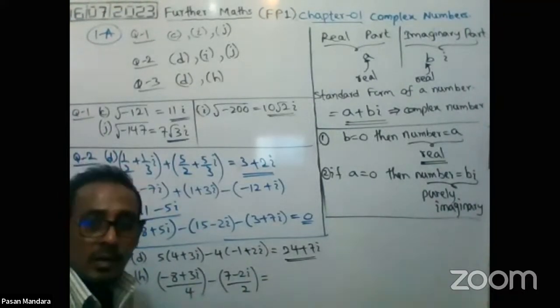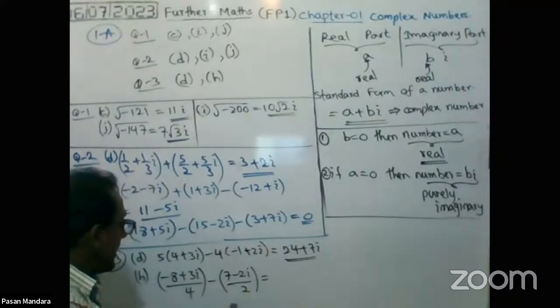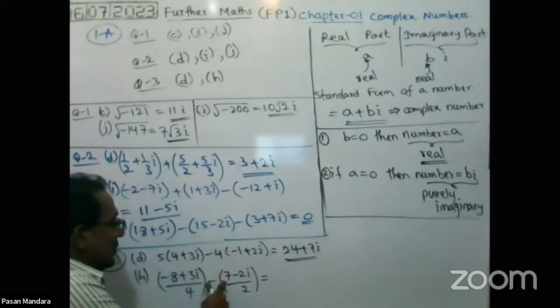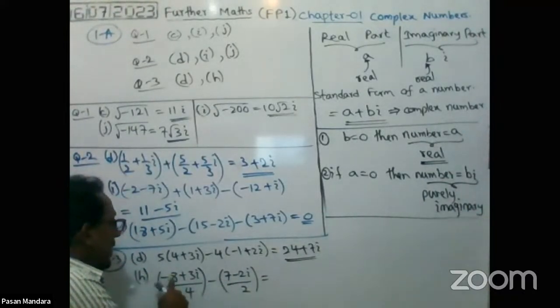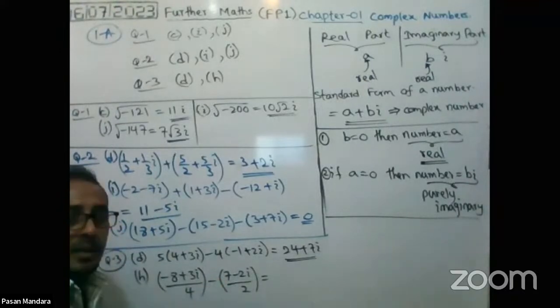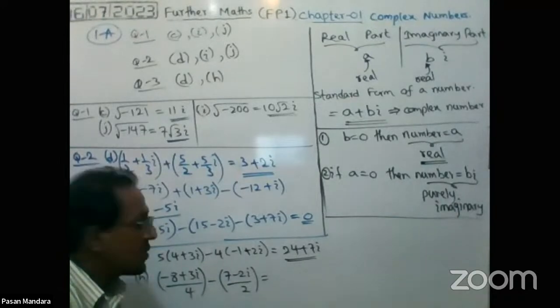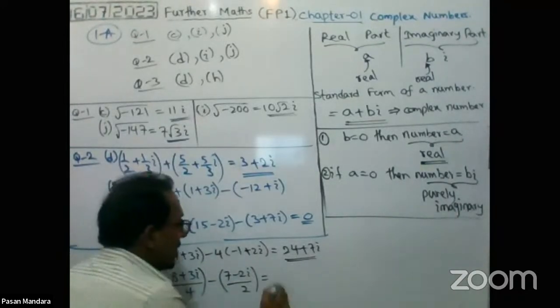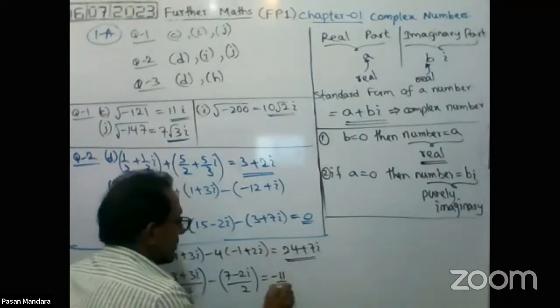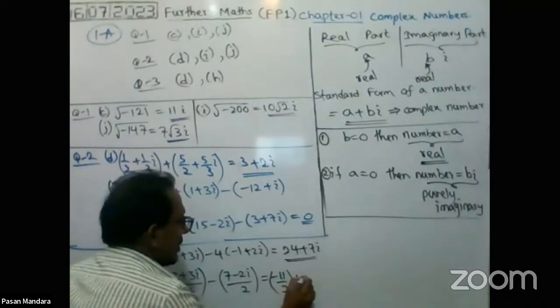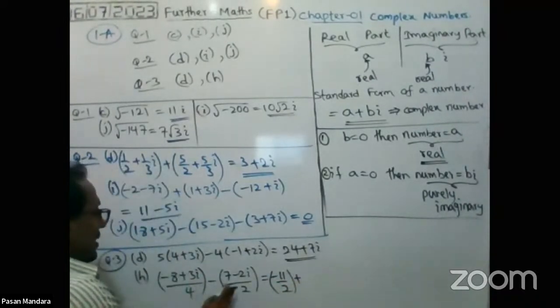So now, once you take the 4 as the LCM, this will multiply by 2. Then 14 minus 8 minus 14. That will be minus 22. Minus 22 over 4. That is minus 11 over 2. Then here, if you take 4, this will be 4. Minus minus plus.